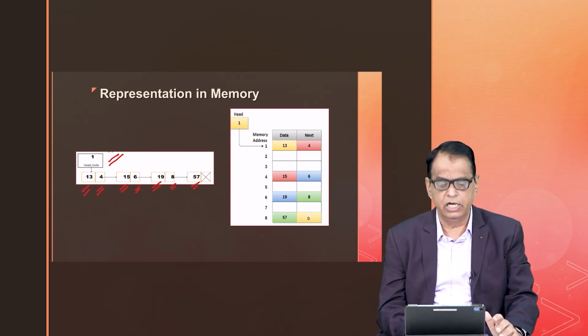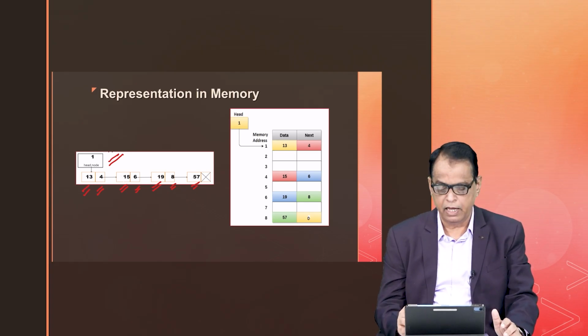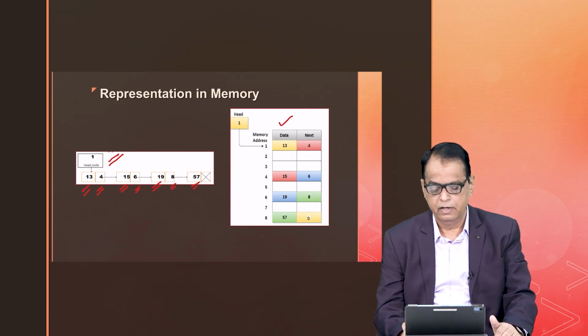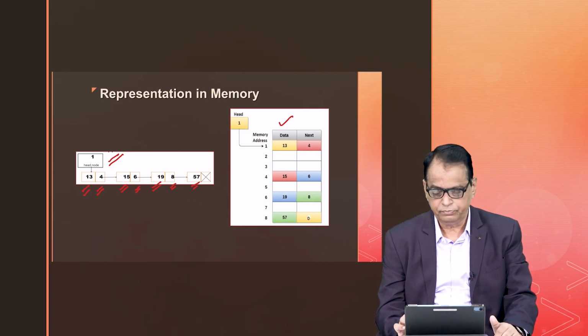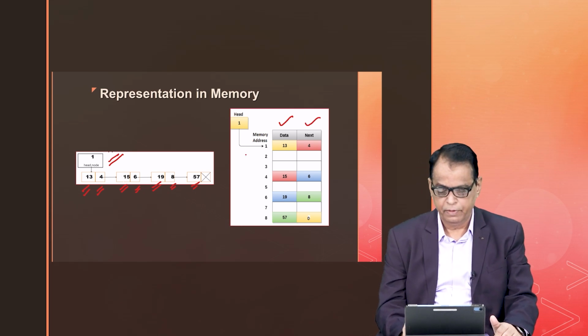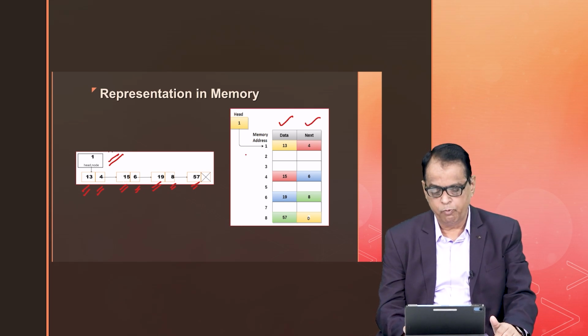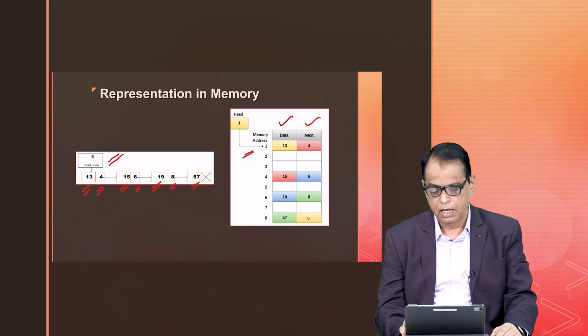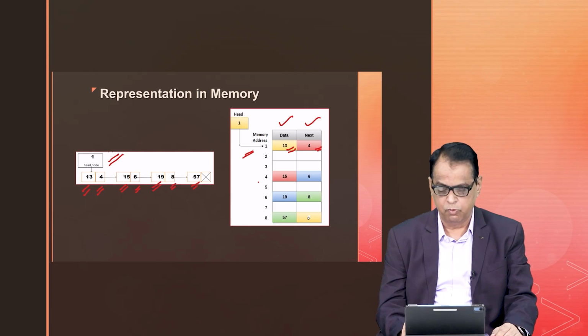Now such a linked list can be implemented in memory as shown in this diagram with the help of two arrays. This is the first array, which is called the data array, and this is the other array, which is called the next array. First the head will point to the first element. Suppose the number 1 represents the memory address, and this is the first element having the data value 13, and the next element is at memory address 4.